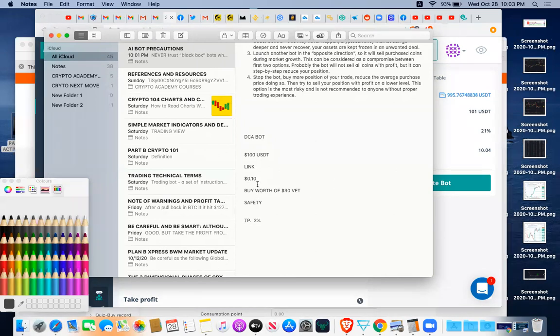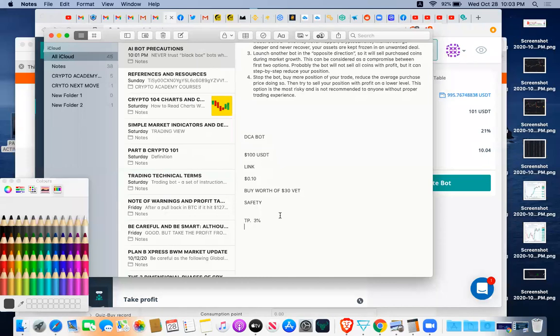Instead of 10 cents, the market is now 7 cents, maybe 3% off what the initial price was. The first order, the second order, the third, in that order going down. The more the market goes down, the more it buys. That's what we call cost averaging.